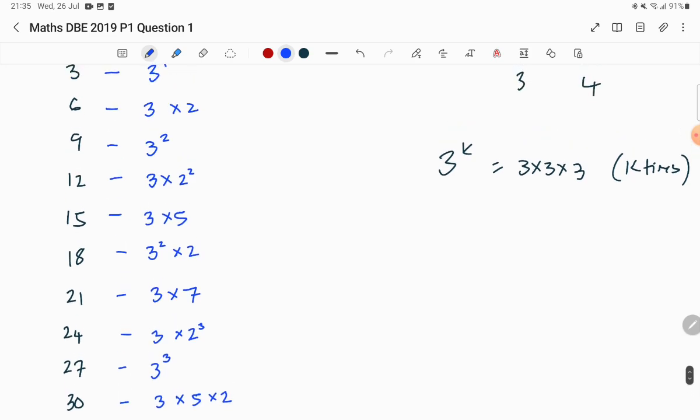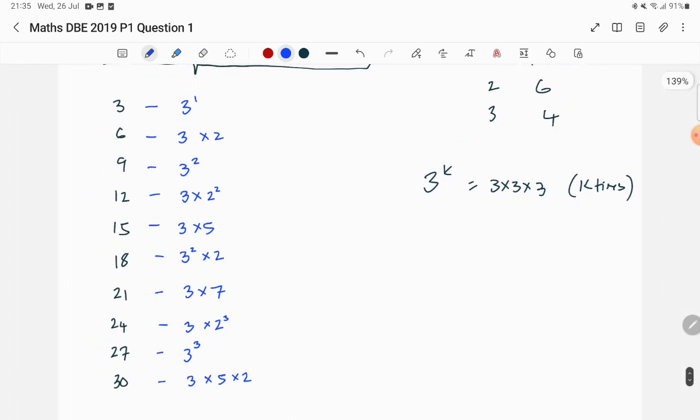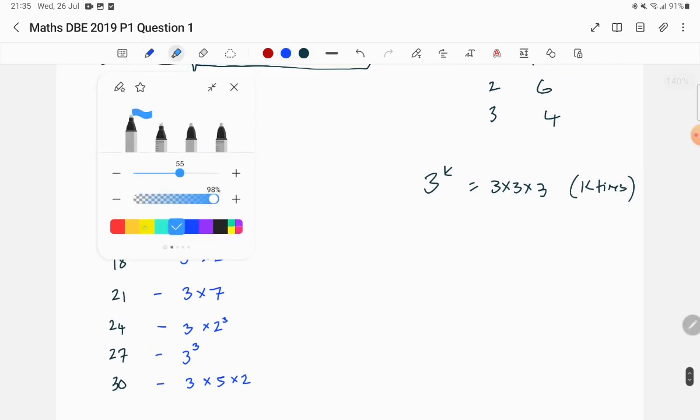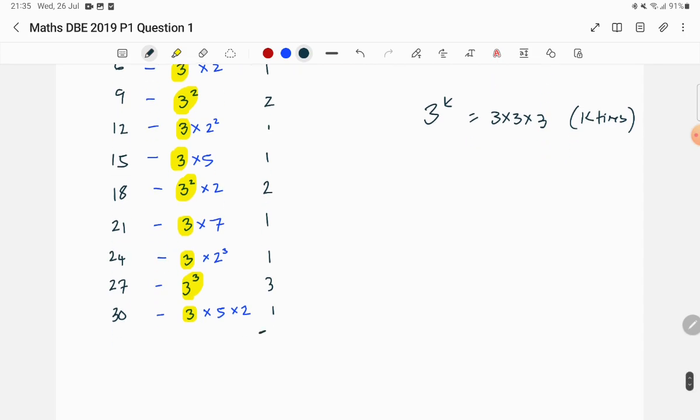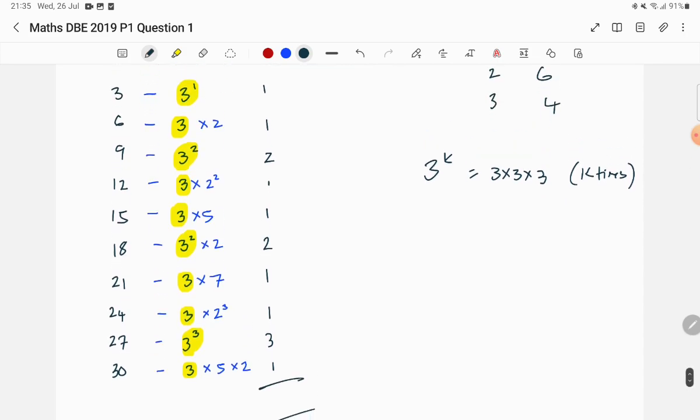Again, our only concern is our threes, so we need to count how many there are. I'm going to highlight our threes as we count: there's one here, one here, two here, one here, one again, 2, 1, 1, 3, and 1. Tallying all of this together, we get 2, 4, 6, 8, 10, 14.